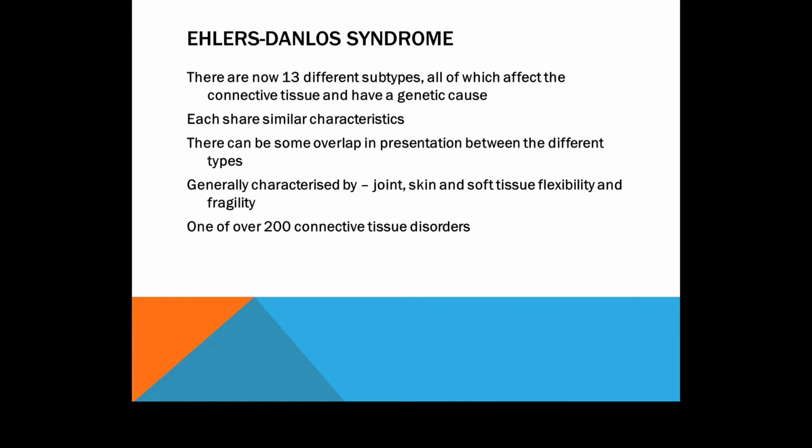Each different type has similar characteristics, and there can be some overlap between the presentations of the different types. But they're all generally characterised by joint, skin and soft tissue flexibility and fragility. And Ehlers-Danlos syndrome is thought to be one of over 200 different connective tissue disorders.